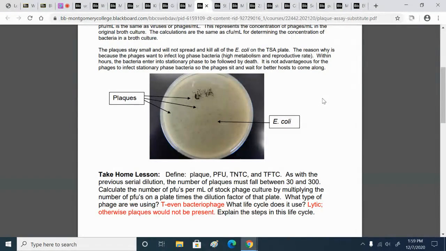And of course, we are going to count the plaques to determine the concentration of phages per milliliter in the original sample. Now, we've talked about why the plaques stay small. So why is it the plaques stay small? Why don't the viruses just spread and wipe out every bacterial cell on that plate?